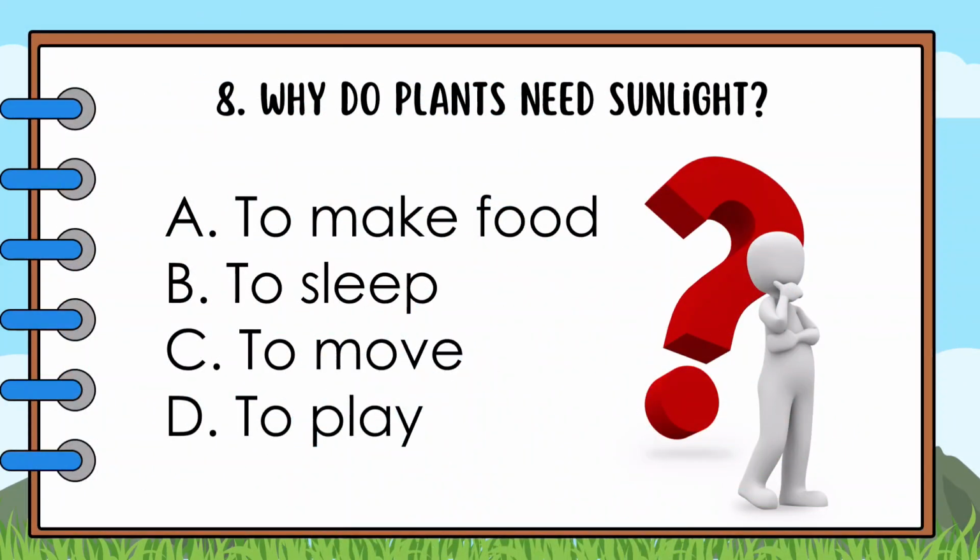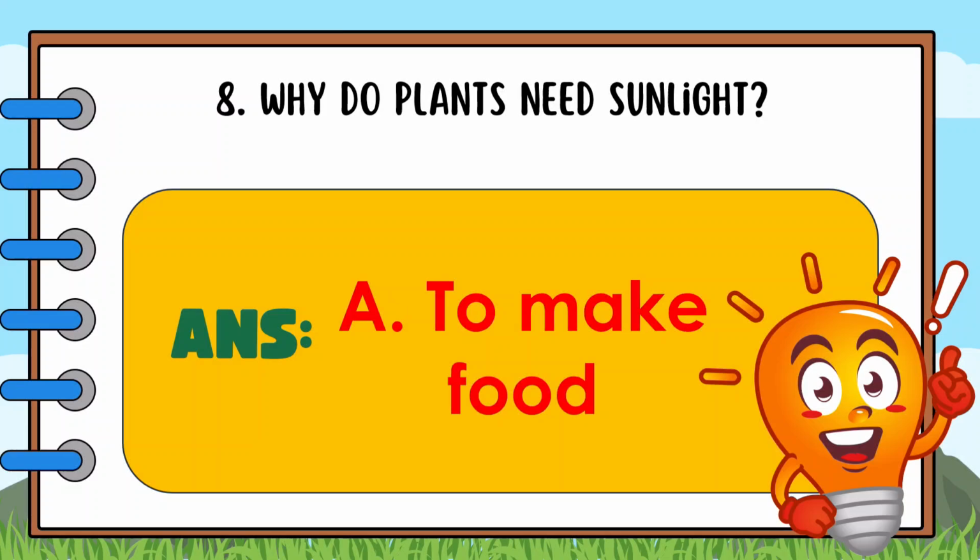Why do plants need sunlight? A. To make food, B. To sleep, C. To move, or D. To play. The answer is A. To make food.